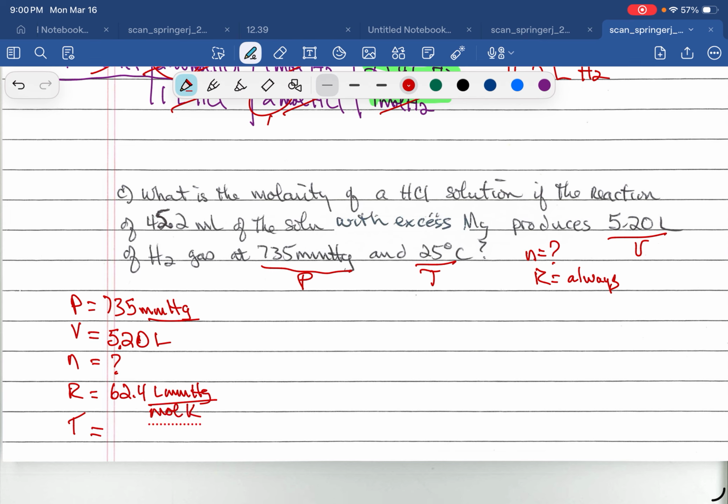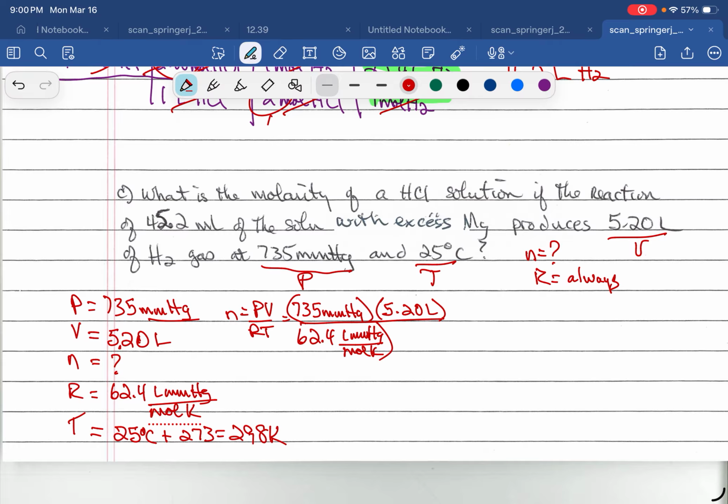And T is 25 degrees Celsius, which we have to turn to Kelvin. We get 298 Kelvin. So n is going to be PV over RT, which will be 735 millimeters of mercury times 5.20 liters over 62.4 liters millimeters of mercury per mole Kelvin times 298 Kelvin.